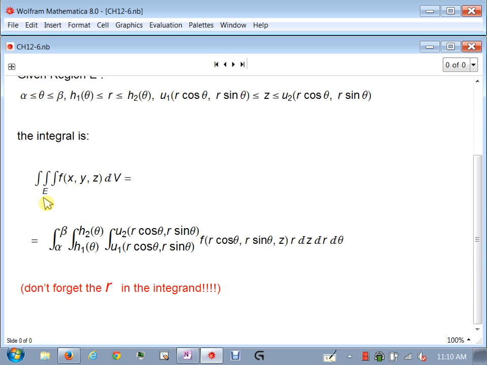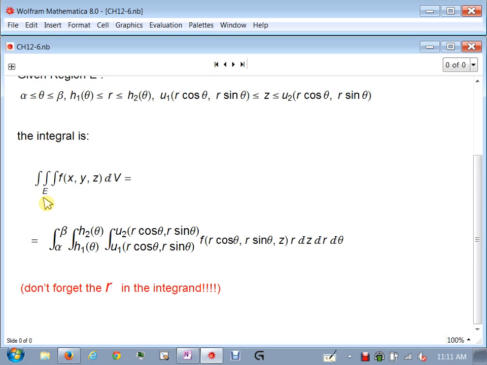Now remember, E is just your domain. It's your region of integration. We're integrating a function that's in four-dimensional space that we can't see. But that region is a cylindrical region. So we're integrating this function of x, y, and z with respect to V, the infinitesimal volume. The outer integral, alpha to beta, is with respect to theta, because that's a restriction on theta.